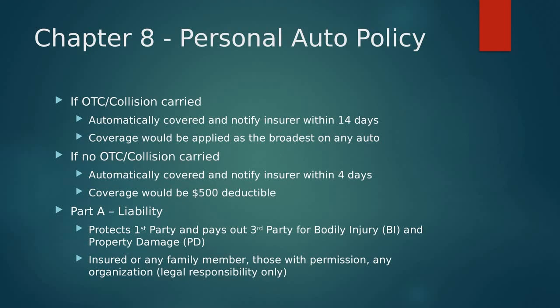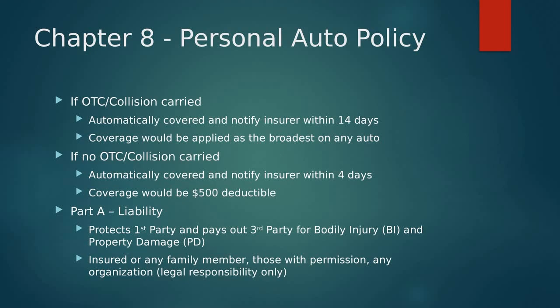So one thing to note about automobile insurance is that the insurance you have prior to getting a new automobile determines the rules of what is going to be automatically covered on that new vehicle before you notify the insurer, and that gives you the different time frames. So if you had other than collision, also known as comprehensive and collision, carried prior to getting the new vehicle onto the plan, you're automatically covered for that vehicle, and you must notify the insurer within 14 days.